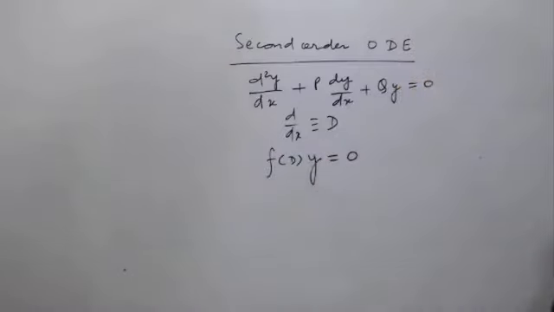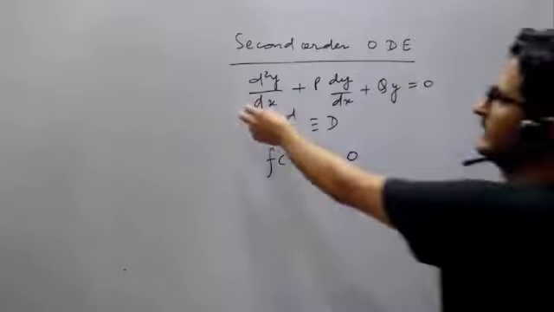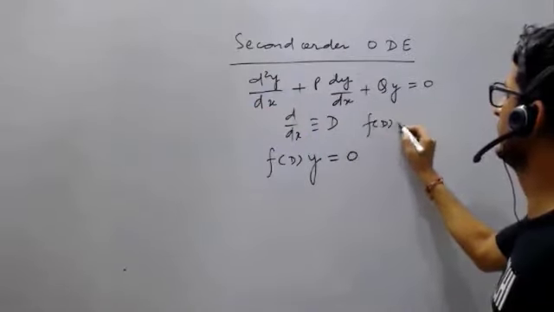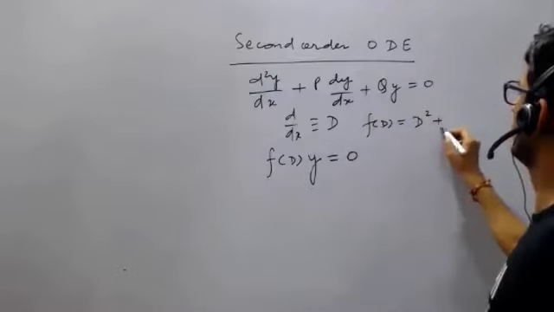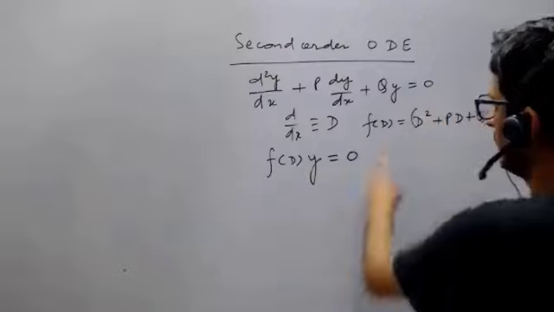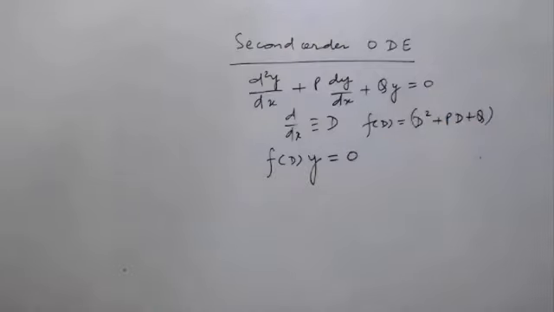Can you see that? This is some operator, and what is that operator? f(D) is D square plus pD plus q. I can write it like this. Yes or no? Yes.